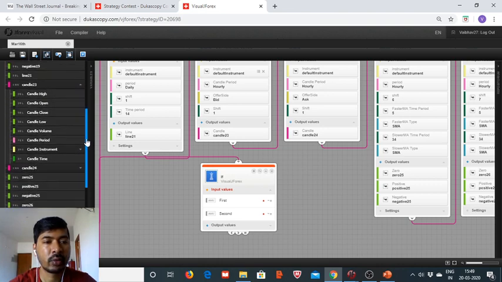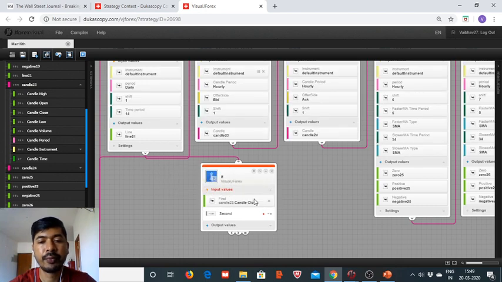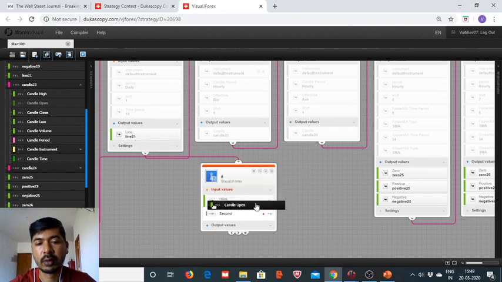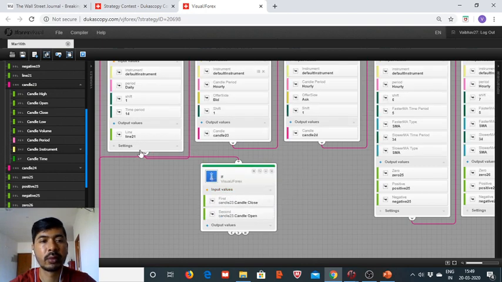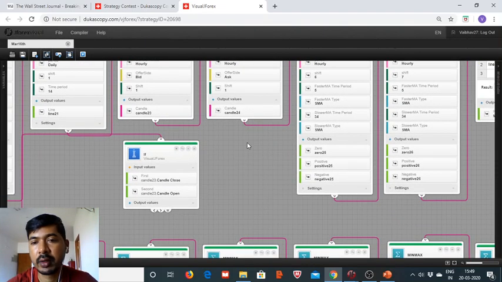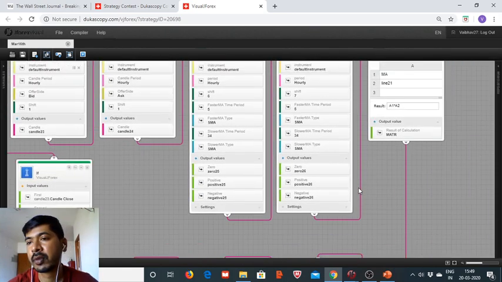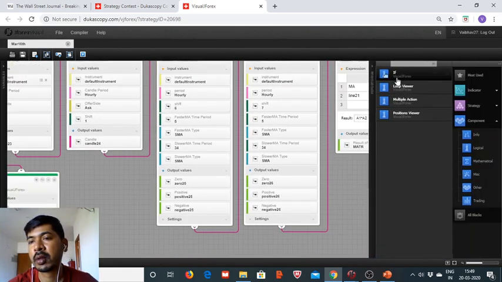Candle 23 close should be above the candle open. Okay, so this condition has been defined, which will mean that some buying was there. Now we again bring in further if blocks.